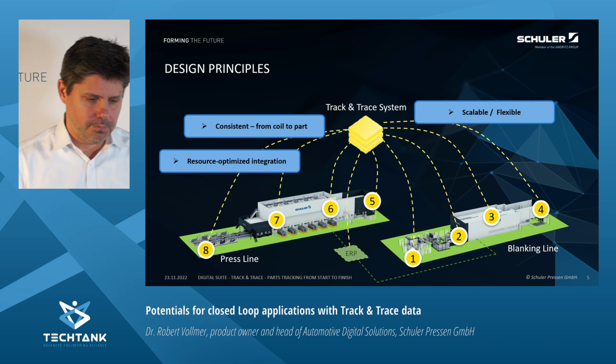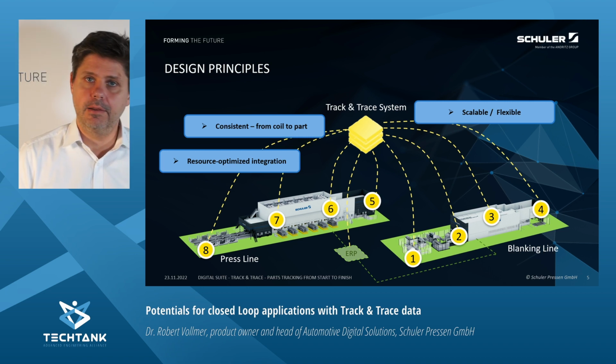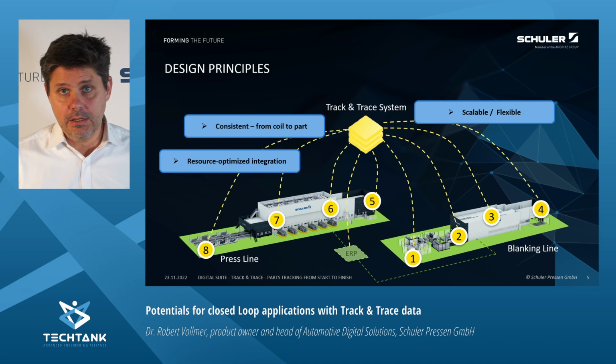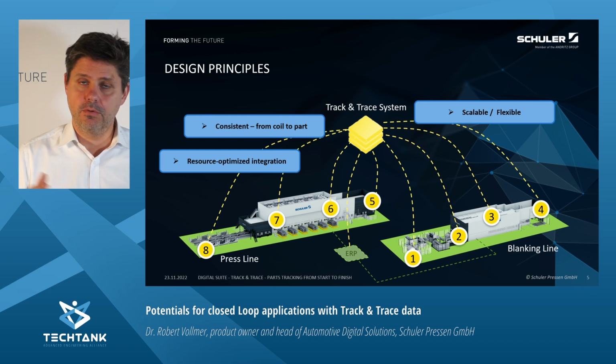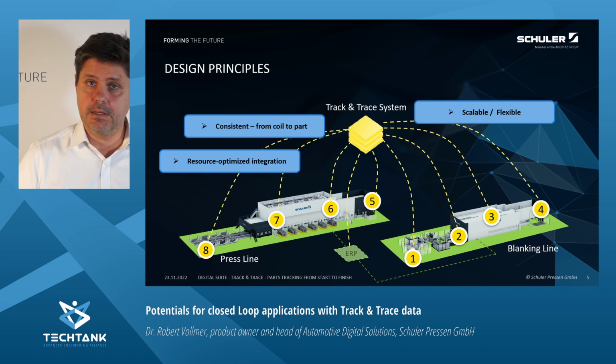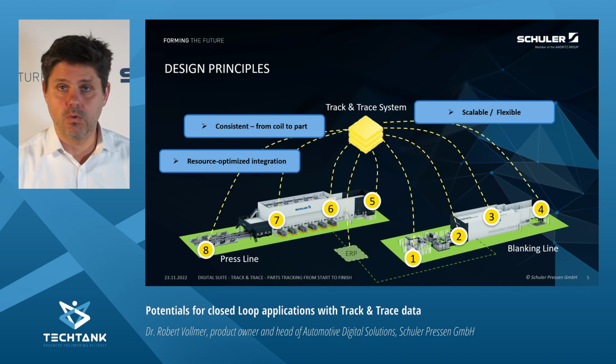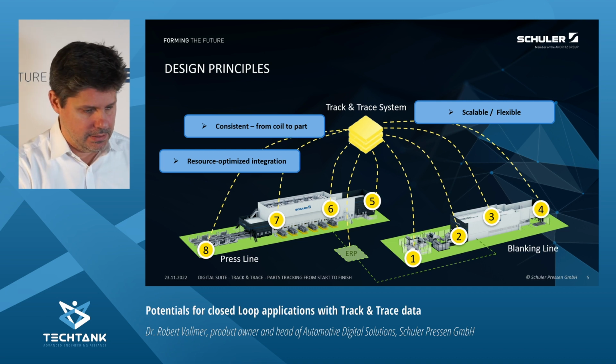The function and the solutions are scalable and flexible. It does not matter if you start with a single production line and scale up to several production lines, or you start with several lines. It's very flexible and scalable to your needs.